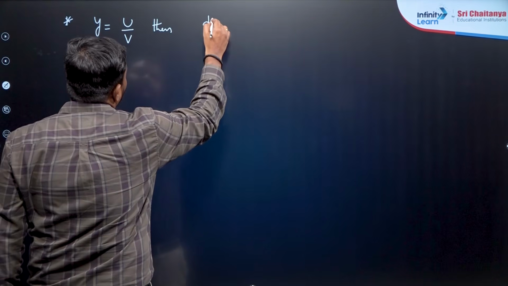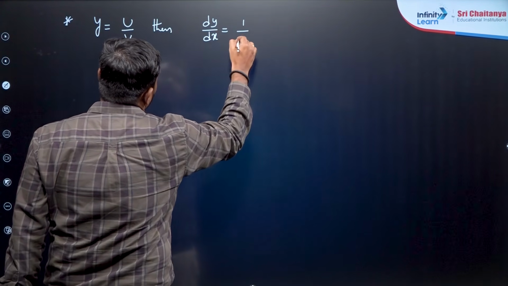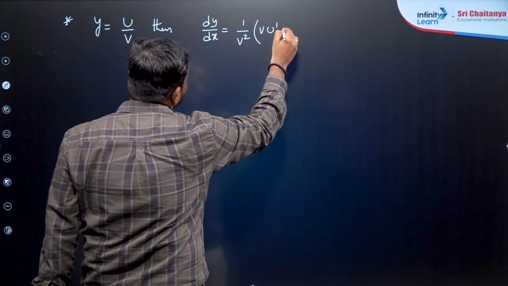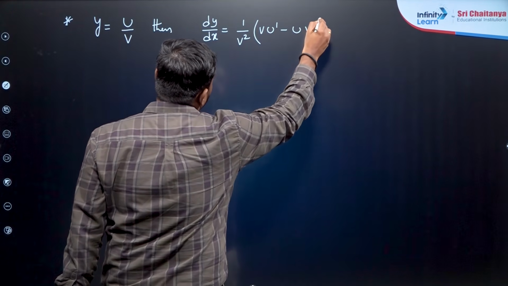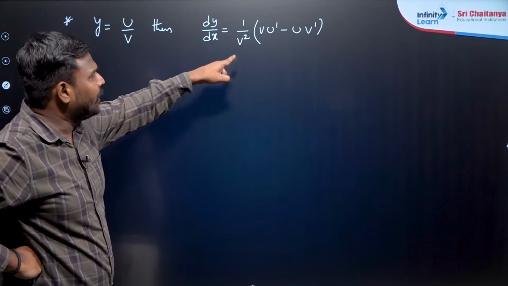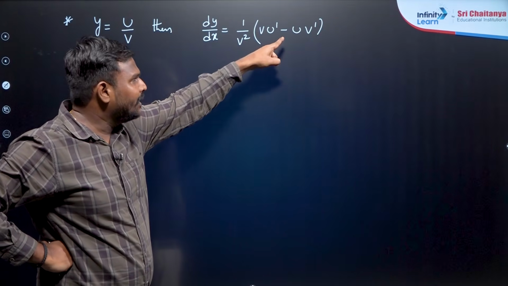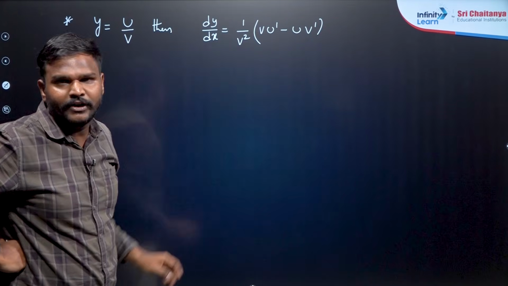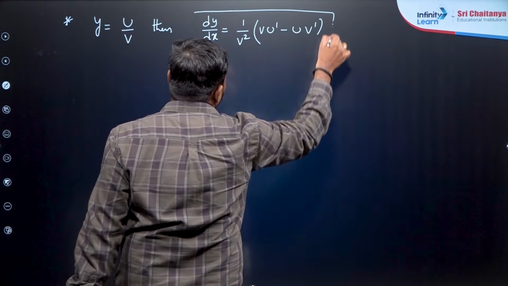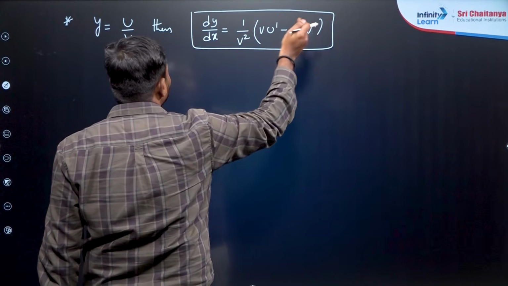Then what is the formula for the fraction? dy by dx is equal to 1 by v square into v u dash minus u v dash. That is, 1 by square of denominator into denominator multiplied by derivative of numerator minus numerator multiplied by derivative of denominator. This is the formula. We must keep it in mind: 1 by v square into v u dash minus u v dash.